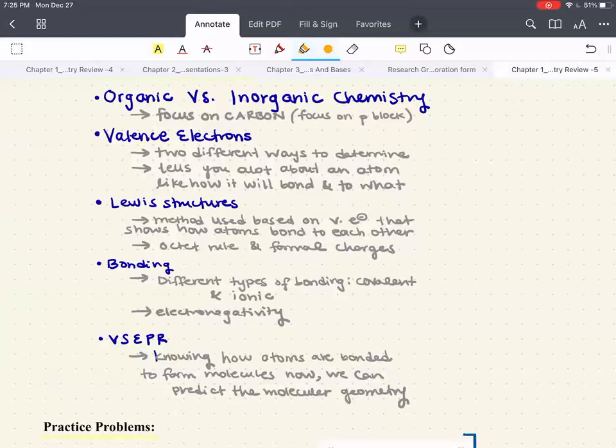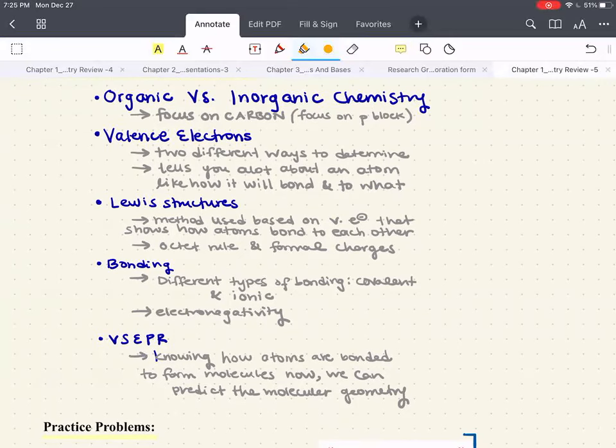And lastly, we tied it all in by talking about how VSEPR is used to predict molecular geometry. And all you need to know in order to do that is use a table, and you look at a molecule, you determine how many electron dense areas are around the central atom and how many lone pairs that central atom has.